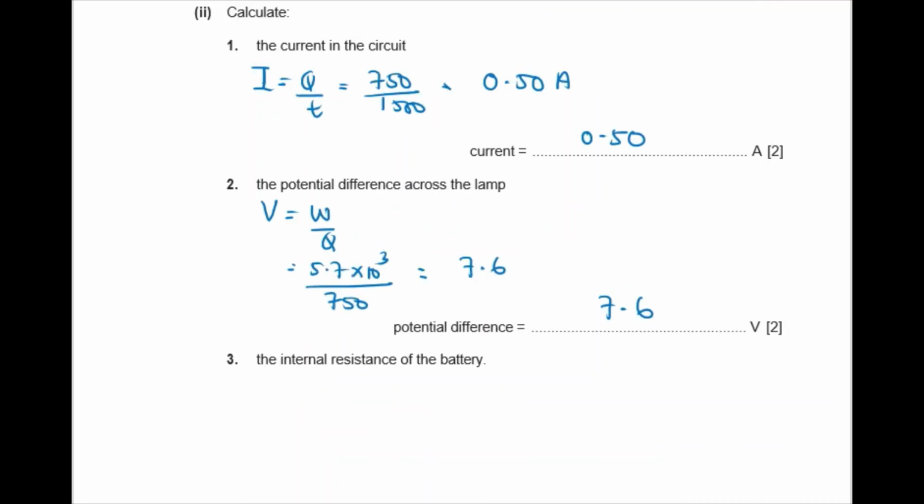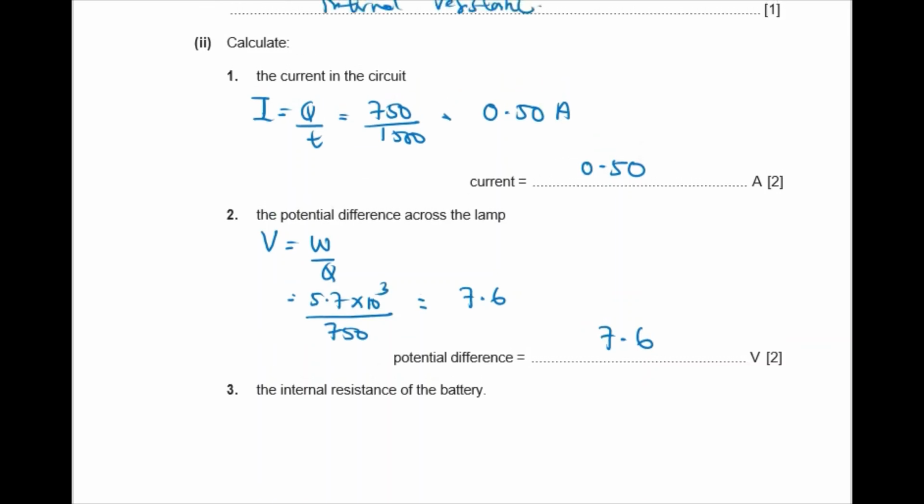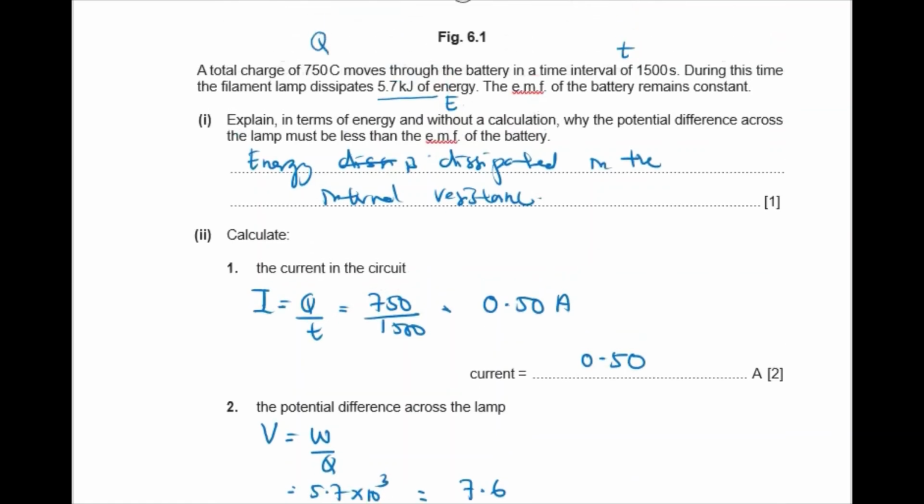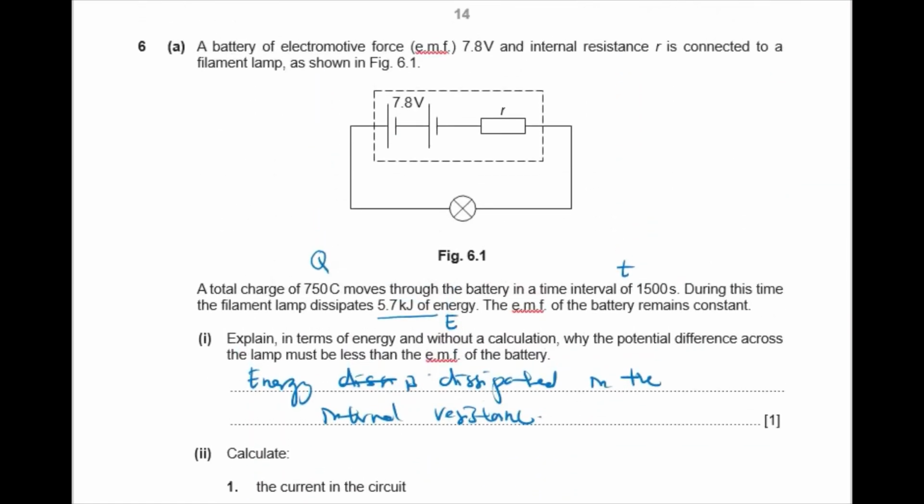Number 3, determine the internal resistance of the battery. Okay, so if you want to calculate the internal resistance of the battery, here we apply Kirchhoff's second law. Kirchhoff's second law states that the sum of the EMF equals the sum of potential differences.